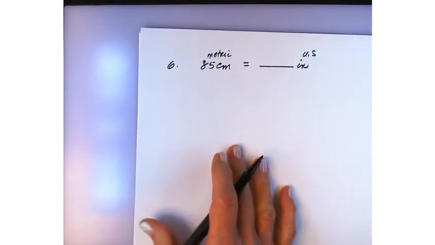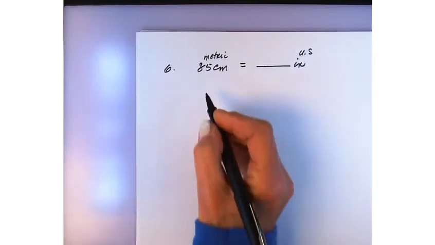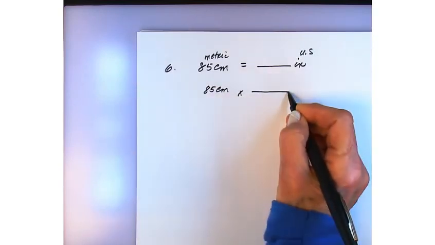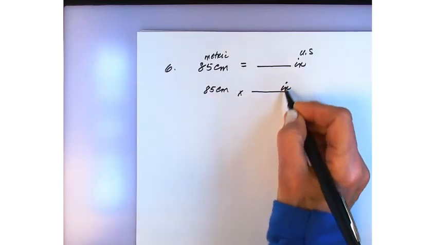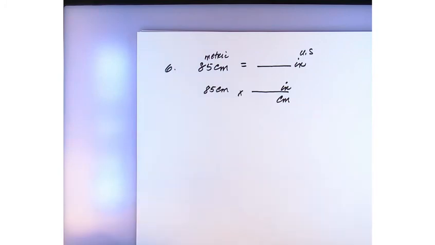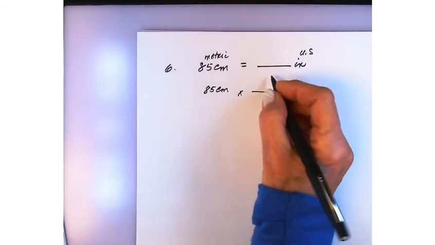So we're going to have 85 centimeters times in come the inches, out go the centimeters. And what we had was we have 0.39 inches per 1 centimeter.